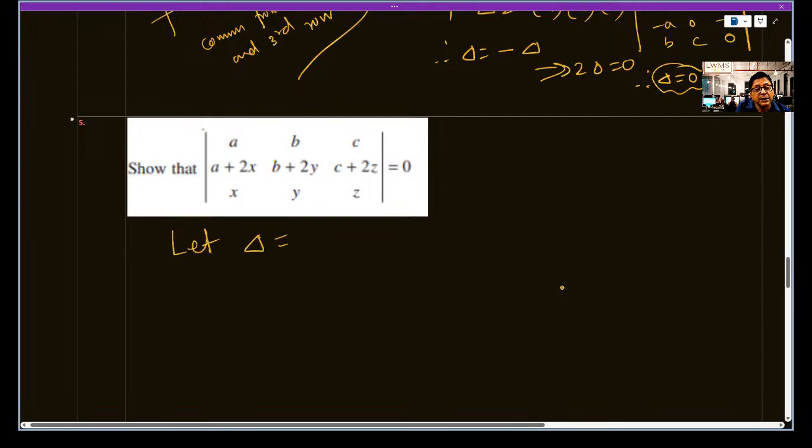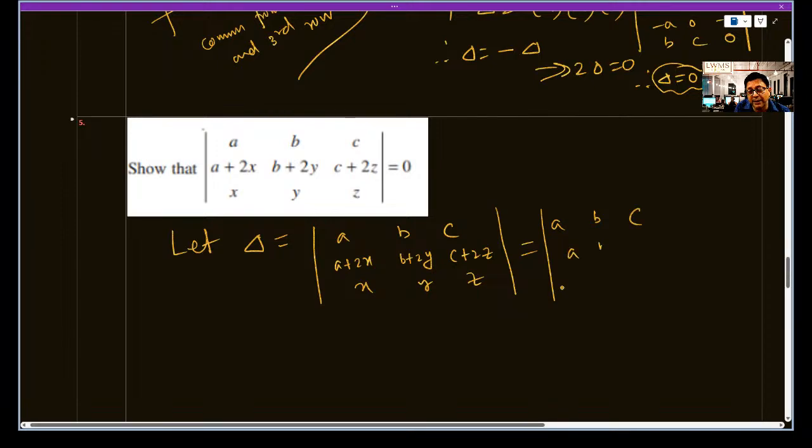Let delta equal to A, B, C; b plus 2y. This you write A, B, C. I am expressing this one as a sum of two determinants. X, Y, Z plus A, B, C, 2x and this is X, Y, Z. Clear?